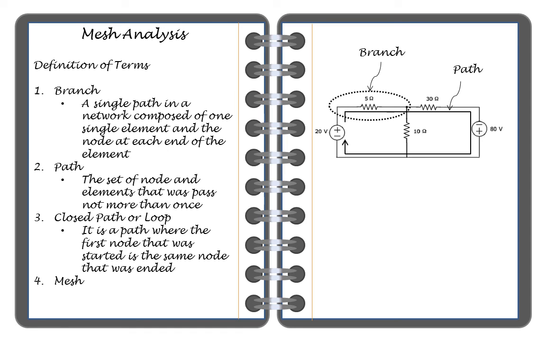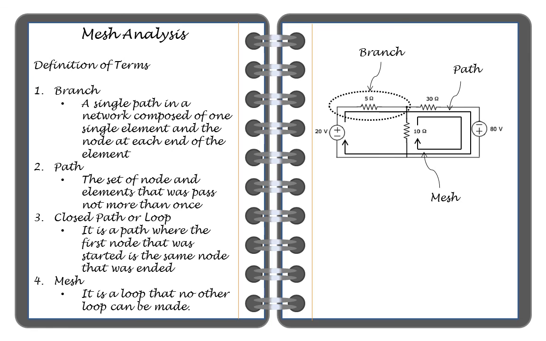So what is a mesh? Accordingly, a mesh is a loop that no other loop can be made within. So it is the smallest loop that can be made in the circuit. Such as for this example, the smallest arrow that you can see, or the smallest loop that you can see, is what we call a mesh.